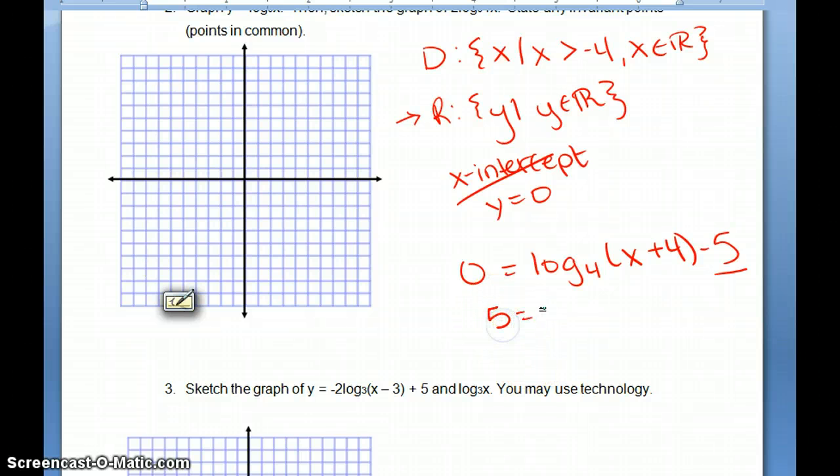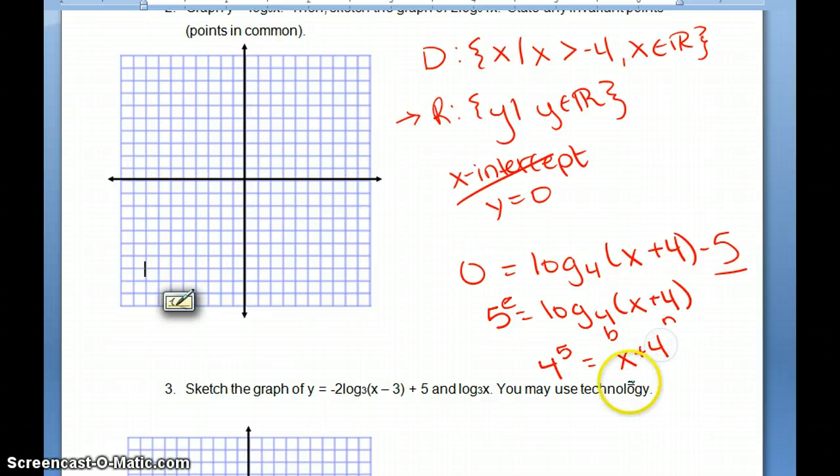So 5 is equal to log base 4 of (x + 4). Then when we have it in this form, we can write this in exponential form. So here our base is 4, your exponent is 5, and your number is x + 4. So we have 4 to the power of 5 is equal to x + 4.